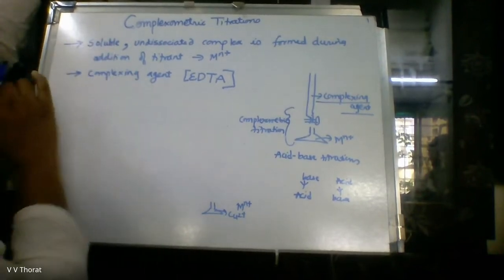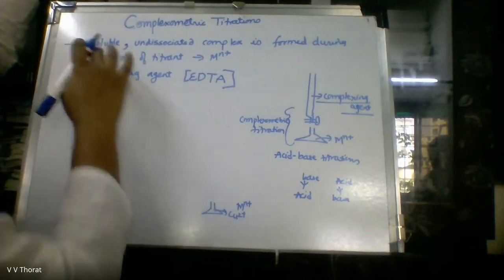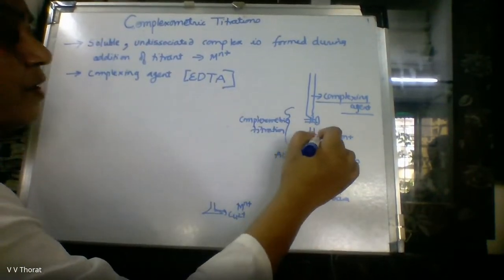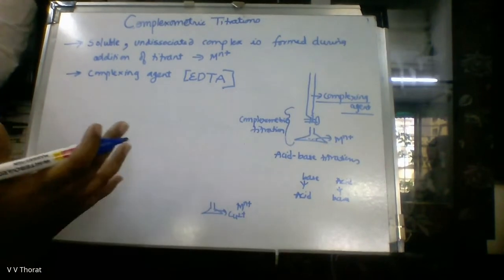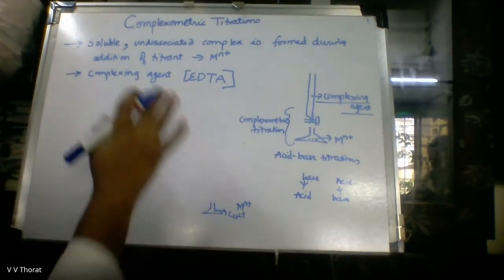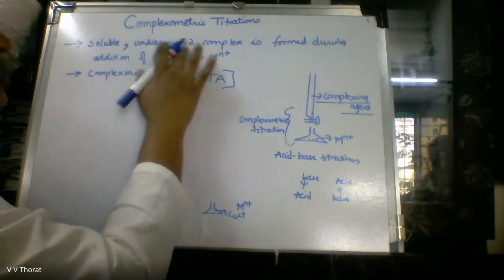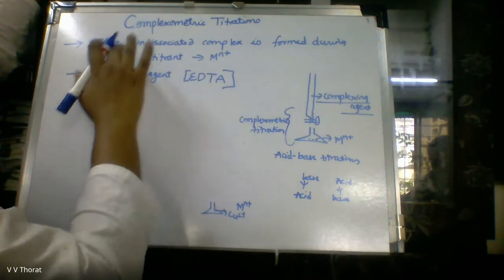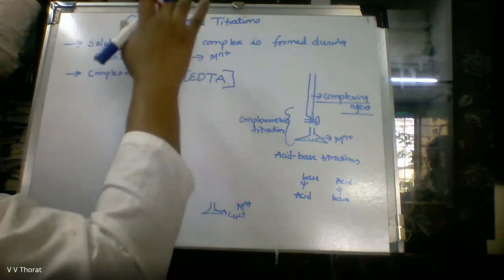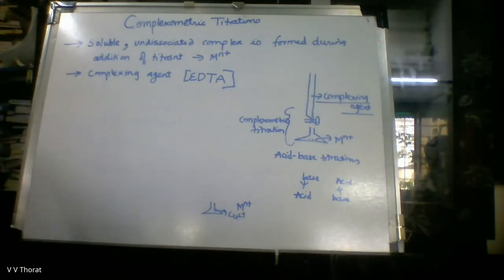And what happens in complexometric titration is that the complex is soluble. There is no precipitate or anything like that, it is a clear solution, which may be colored or colorless, but the complex is soluble. It is not dissociated when you add a complexing agent to the metal ion. Please remember the concept.